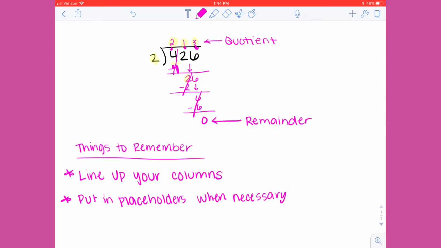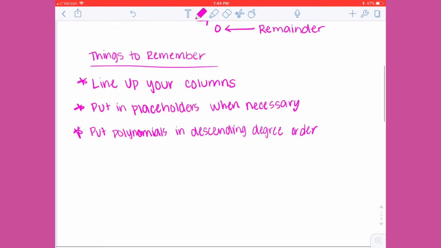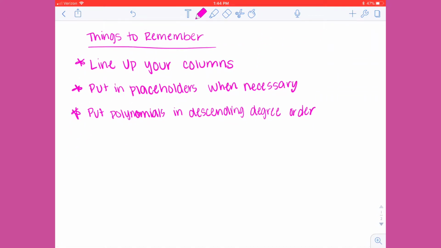And then when we're working with polynomials, again, this didn't apply in the example we just did, but whenever we're working with polynomials, we want to make sure that we put our polynomials in descending degree order. Very, very important. So these 3 tips, I encourage you to write those at the top of your paper or somewhere easy to look at as you go through each of the problems that we're going to do.